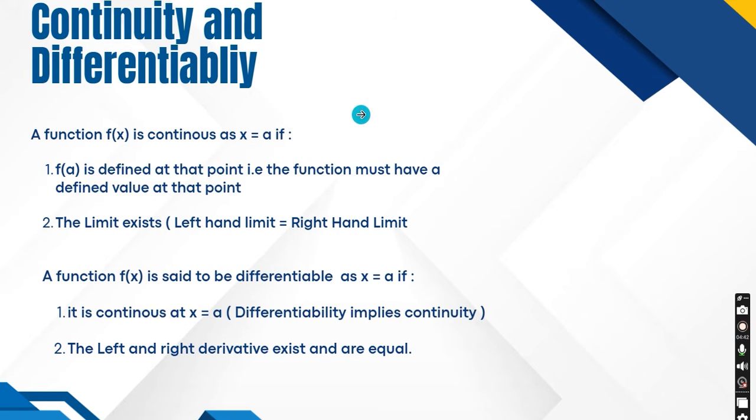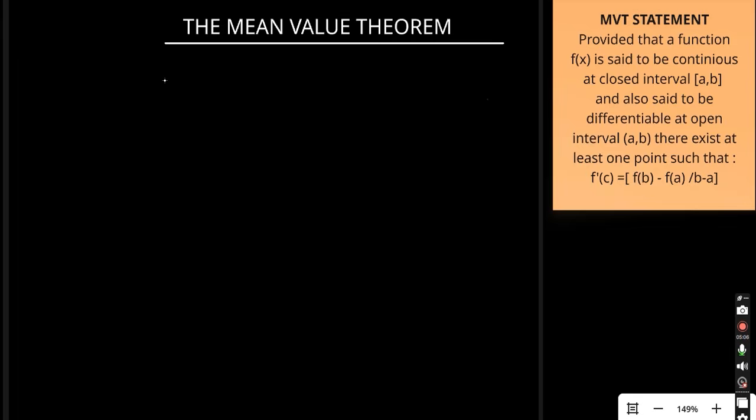So let's illustrate that so you have a more proper understanding of what we are talking about today. We've talked about continuity, we've talked about differentiability. So let's see if we can do some little illustrations on that.